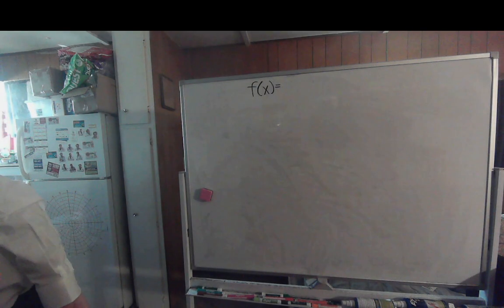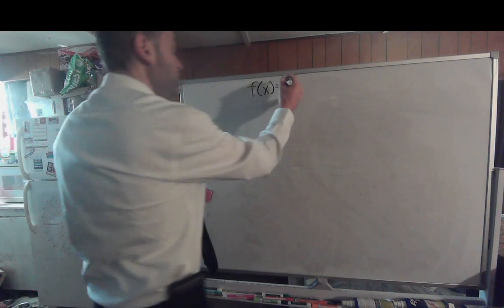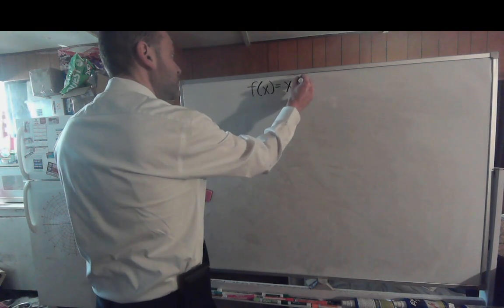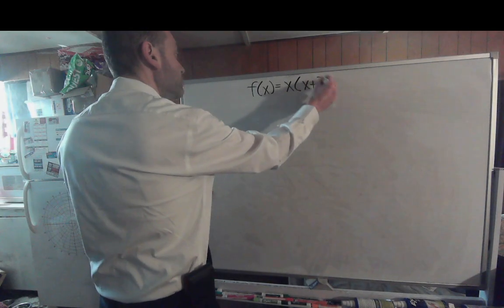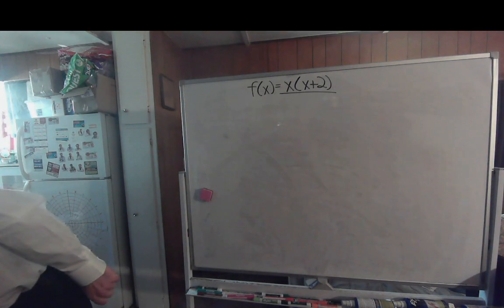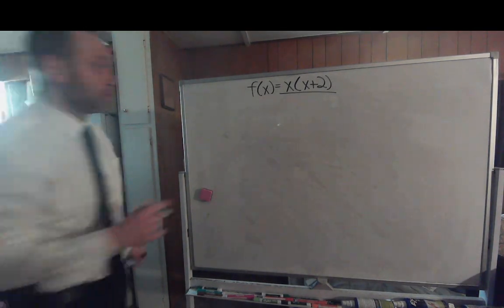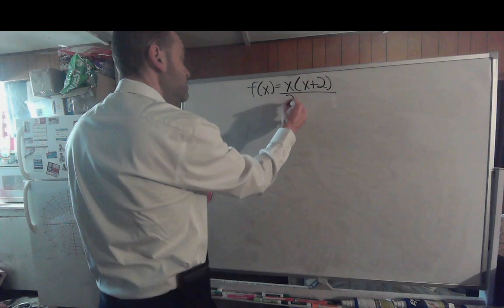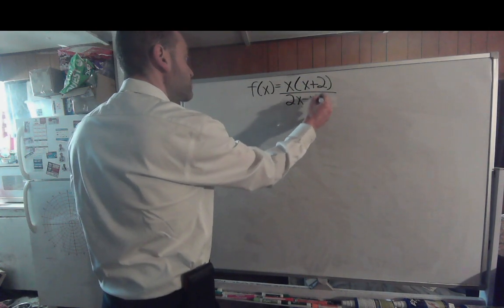Let's say we had f of x equals x times x plus 2 all over (2x minus x squared).